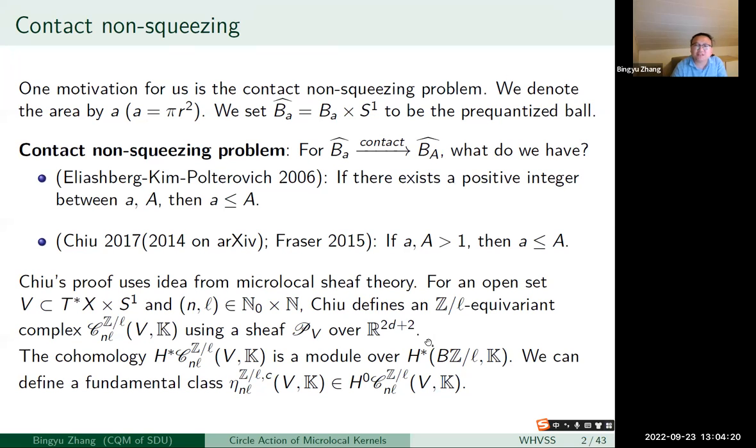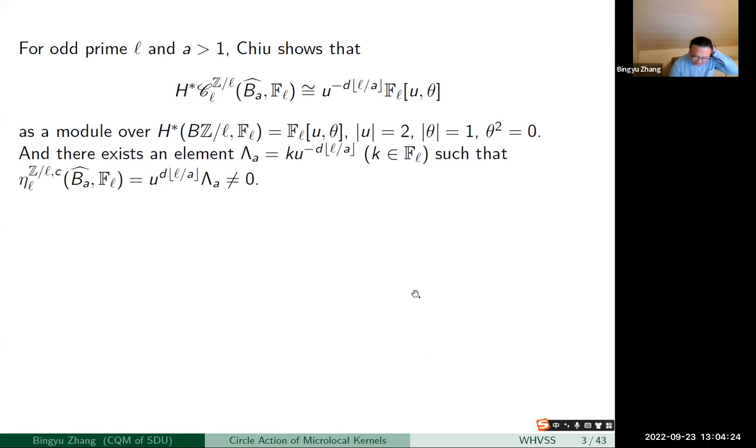Now let me introduce how to prove that. What Chiu proves is that in the case that L is an odd prime greater than 1, Chiu computes this invariant for the four-dimensional ball as a module over the cohomology ring.